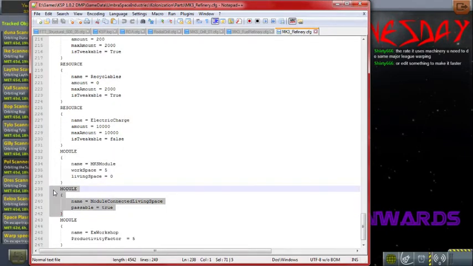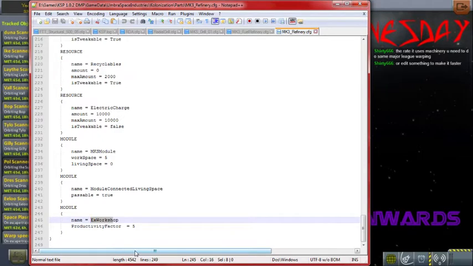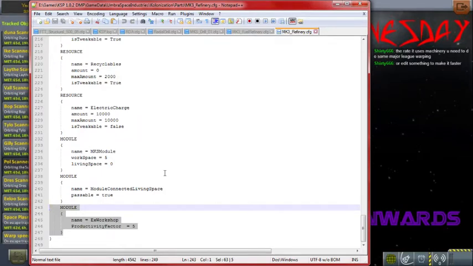And don't forget, you might want to stick that one in as well. And if you are creating a workshop of some sort, that's the module that you need for MKS. That is of course assuming you're using the MKS mod. You don't have to make resources work, but you might want to bear that in mind.